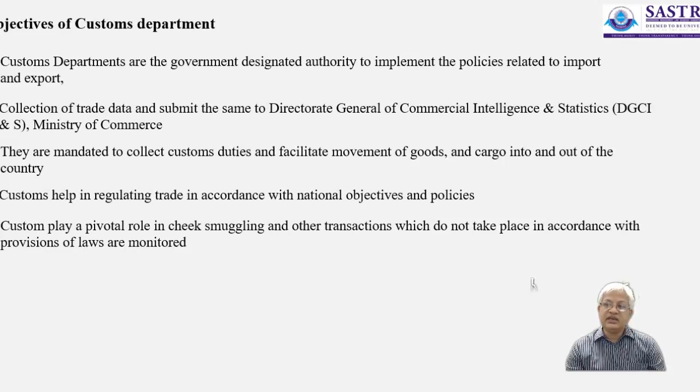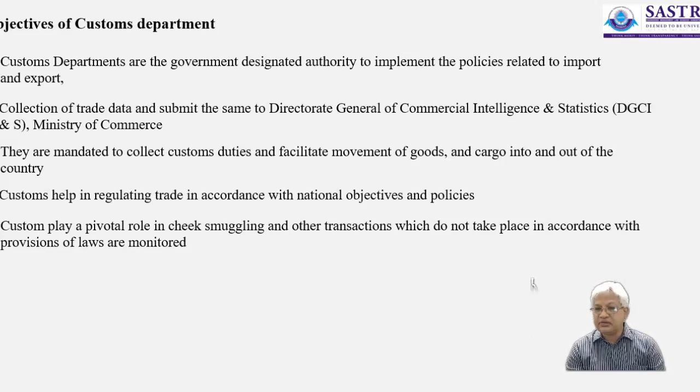They are the key people who collect data of trade, and in India specifically they submit it to Directorate General of Commercial Intelligence and Statistics. This comes directly under Ministry of Commerce. That's where we get most of the import and export data.